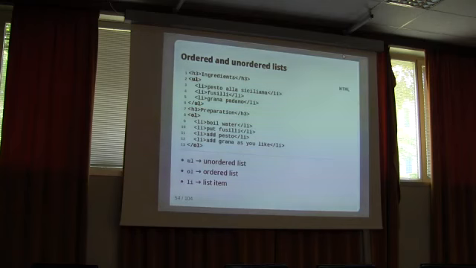Okay, there exists a way to specify lists. Two versions of list: one is ordered and one unordered list. It's quite interesting to tell apart an ordered list from an unordered one, because they have a different meaning.